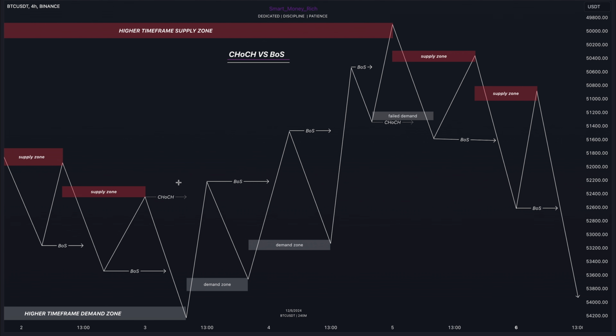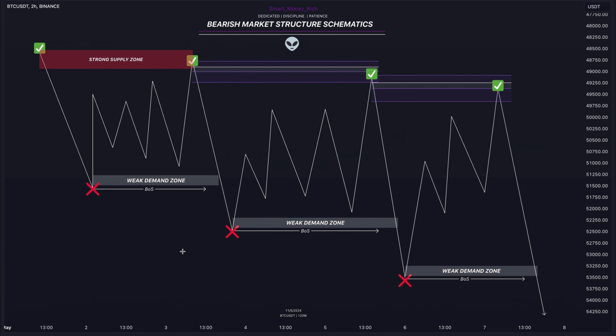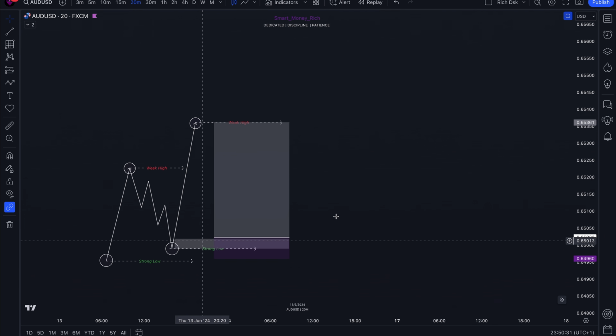Character. This simply means that the buyers have now taken over from the sellers, and now demand zones will hold while supply zones will do what? Will fail, right?